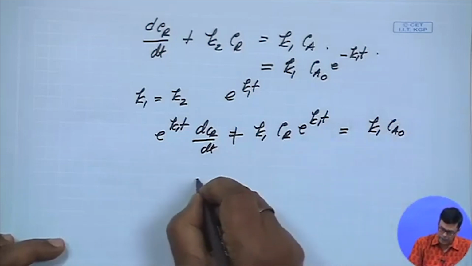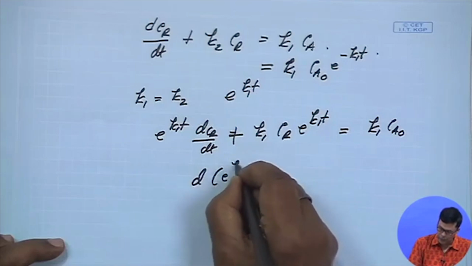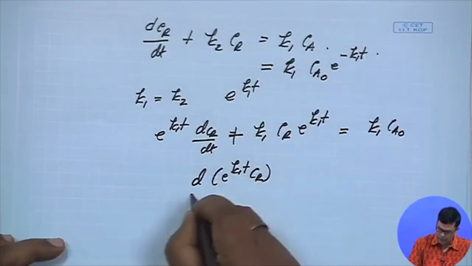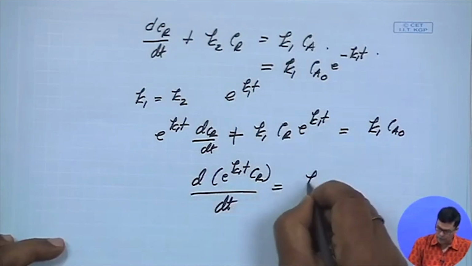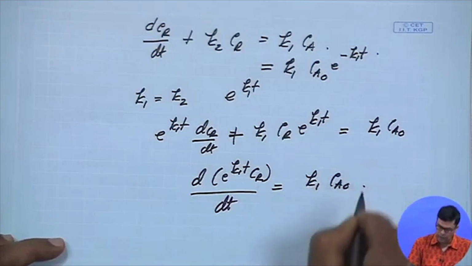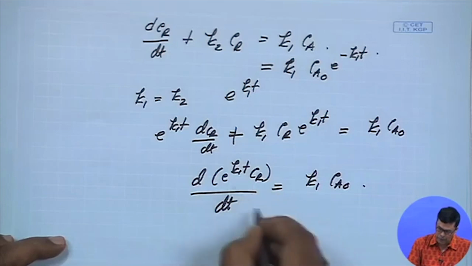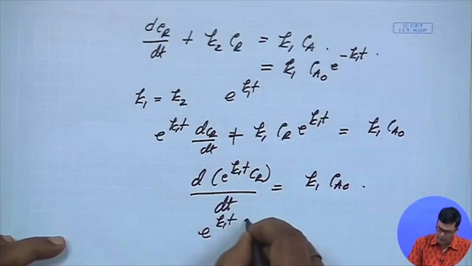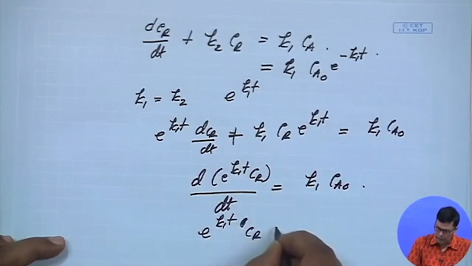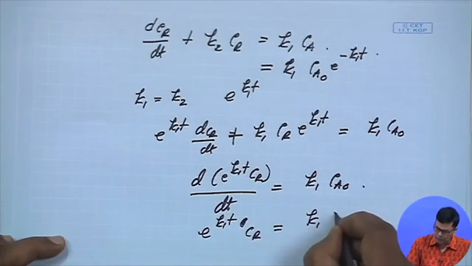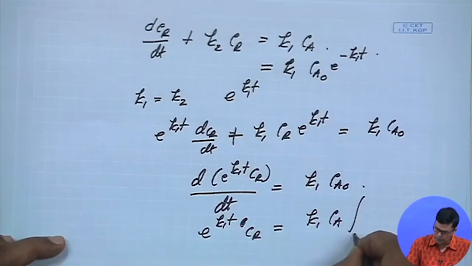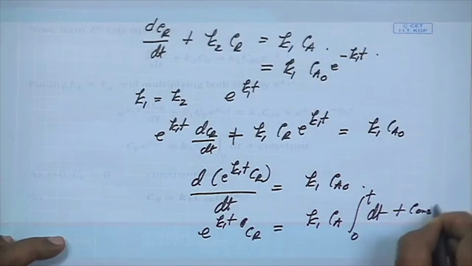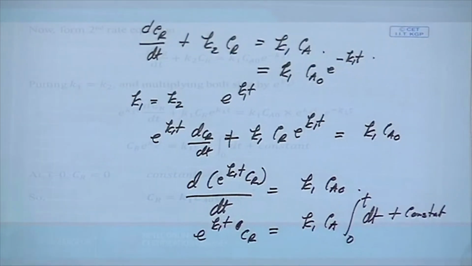Now this is nothing but d of e to the power K1t into Cr by dt, equal to K1 into Ca0. Now if we integrate this, we can write e to the power K1t into Cr equals K1 Ca0 integrated from 0 to t, plus a constant. So we can write it like this.